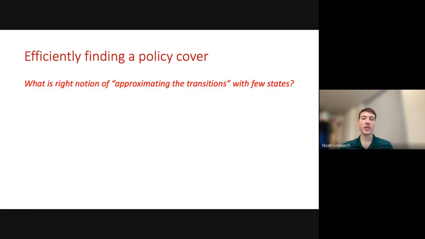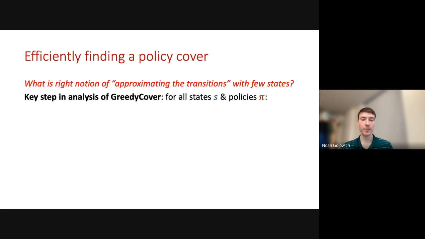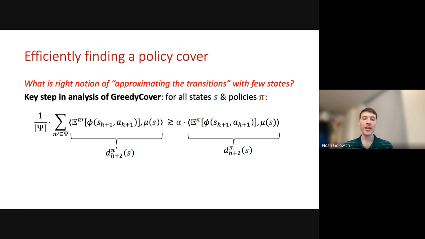Okay, so what is the right notion of approximating the transitions with a small set of states? To understand this, it's useful to take a look at the key step in the analysis of greedy cover, which guarantees that for all states s and policies pi, the average state visitation distribution at state s for a uniformly random policy from psi is at least a factor of alpha times the state visitation of state s under policy pi. I've written out the expansions of these visitation probabilities in terms of the feature vectors at step h plus 1.